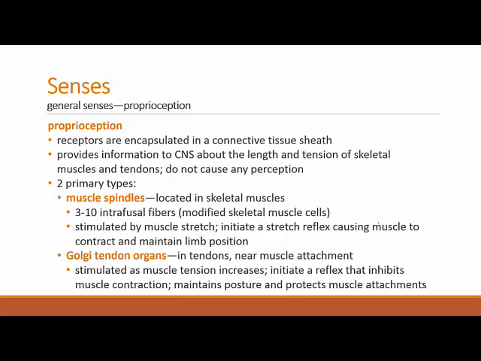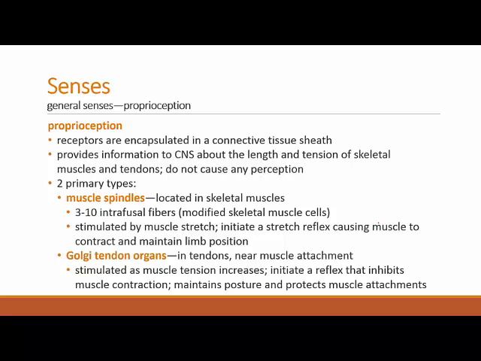The Golgi tendon organs are found in tendons, and they are found near where the muscle attaches to the tendon, and they're stimulated as muscle tension increases, again stretching, pulling on the tendon itself. And they also initiate reflexes that will, rather than stimulate contraction, inhibit muscle contractions.